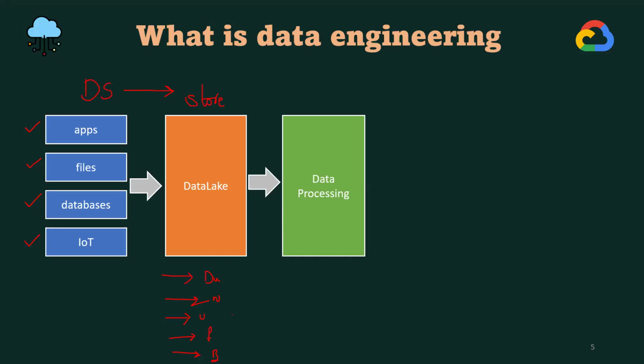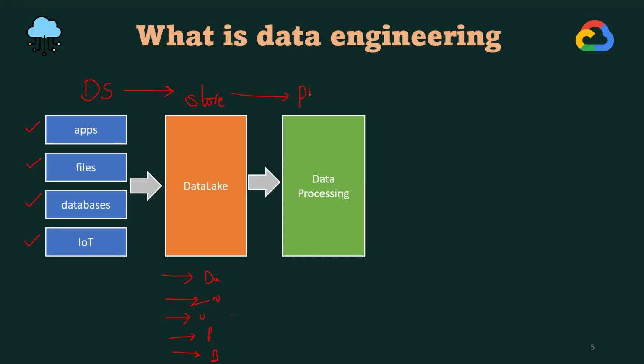We use different processing frameworks to process this data. That's why we call it data processing. Data processing is a value addition process where you clean the data and prepare large amounts of data for the data analysis purpose.